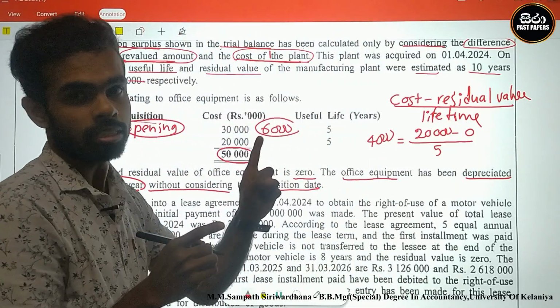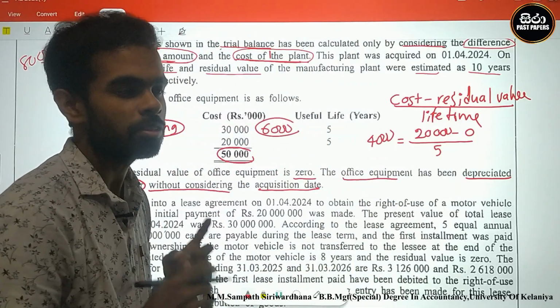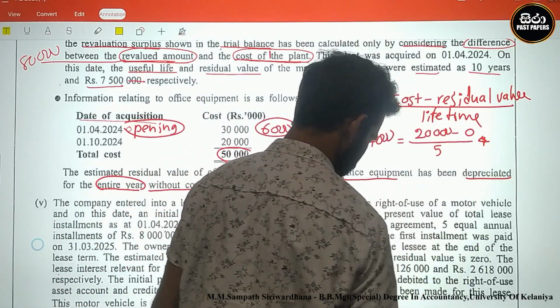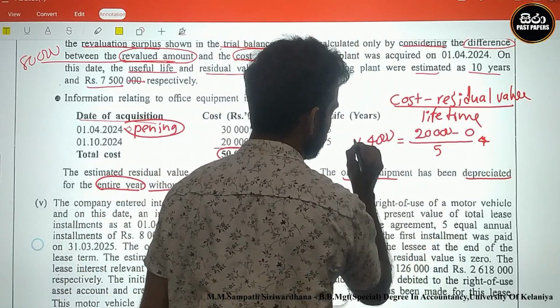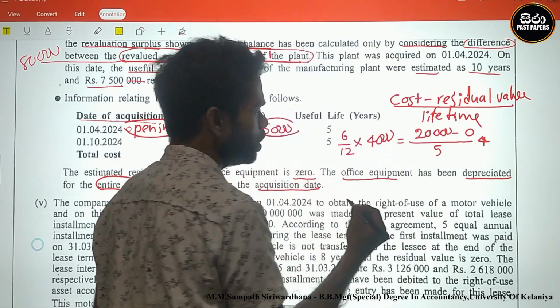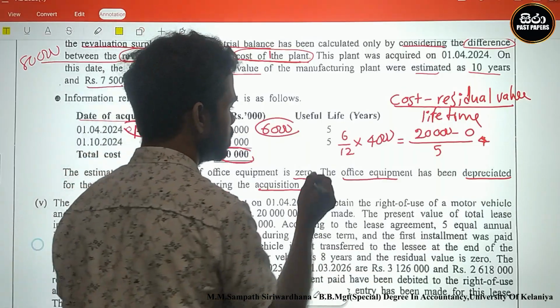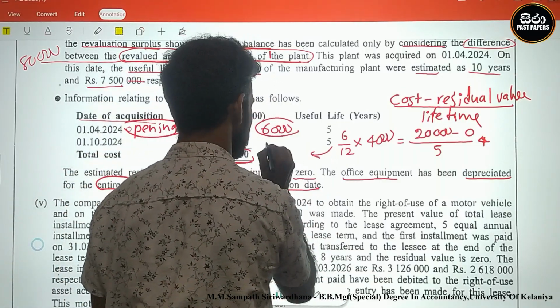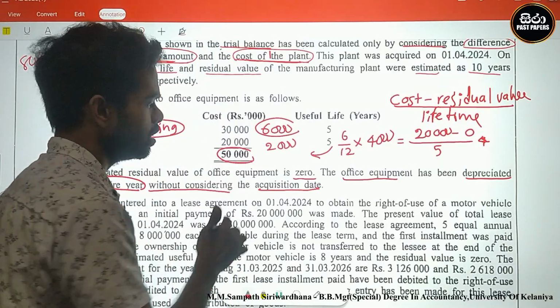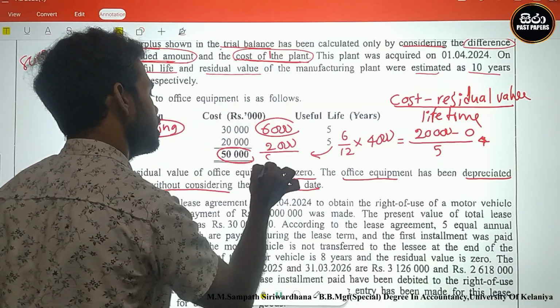But this is the annual depreciation, and we must calculate 6 months depreciation. Therefore, 4,000 divided by 12 multiplied by 6. The answer is 2,000. After that, we can calculate the correct annual depreciation, which is 8,000.